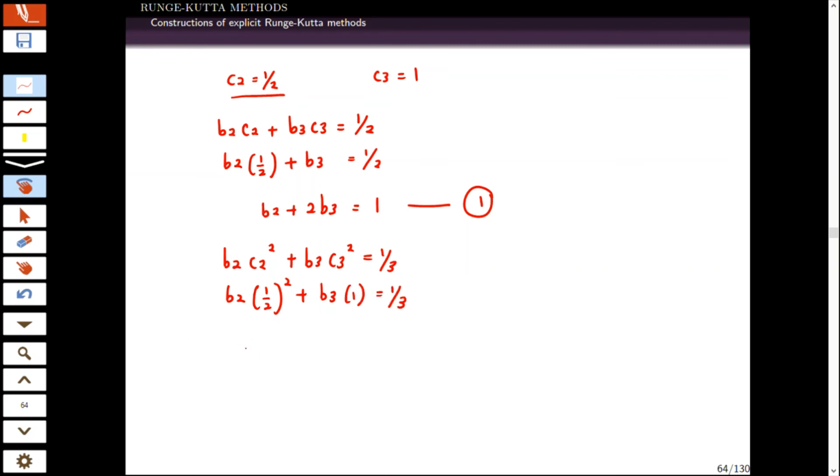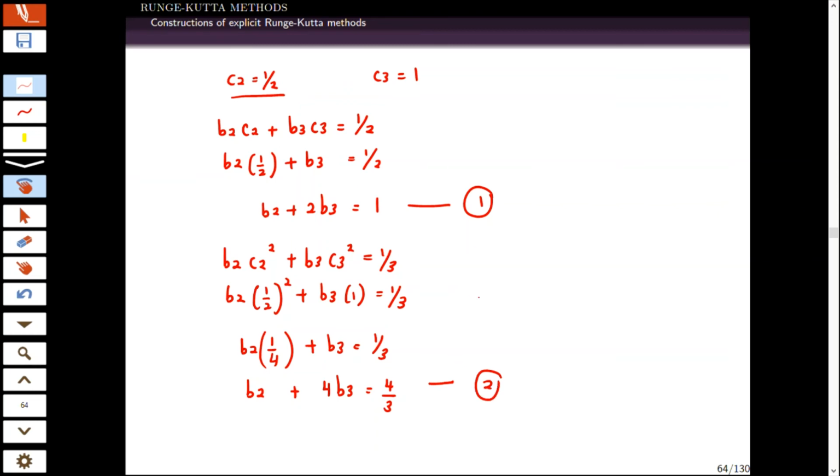Now what we have here, B2 over 4 plus B3 equals 1/3. Multiply everything by 4. B2 plus 4B3 equals 4/3. This is equation number 2.